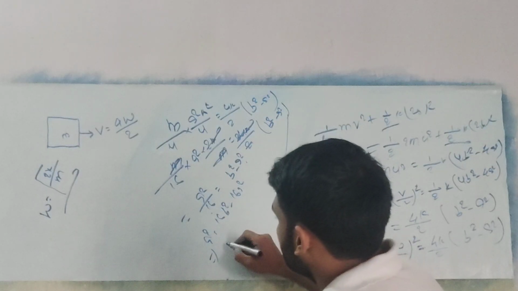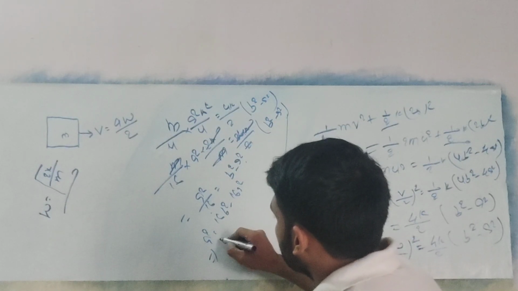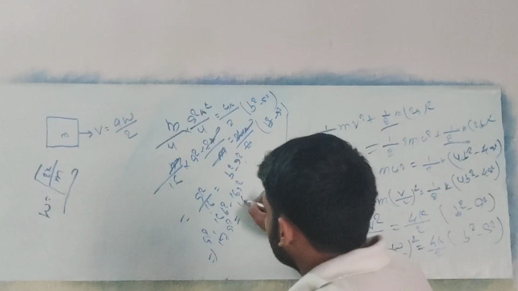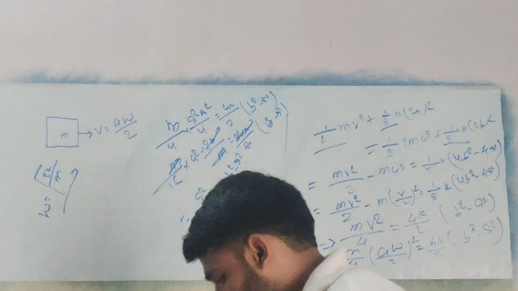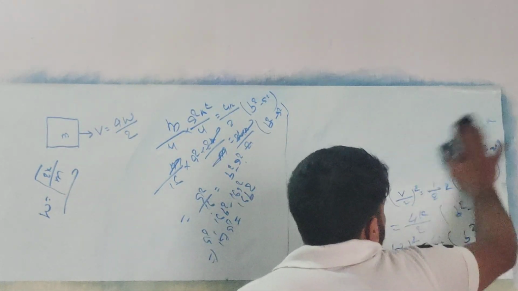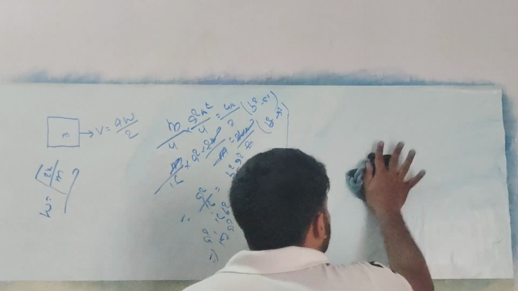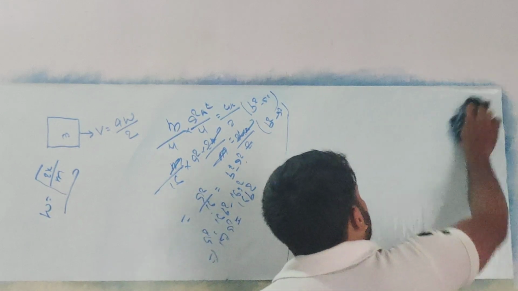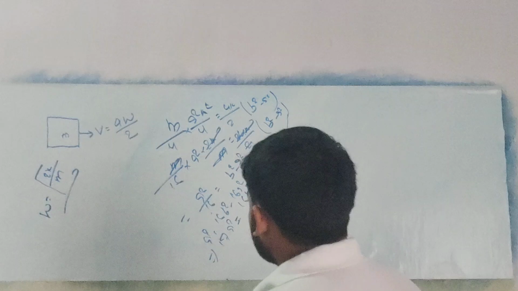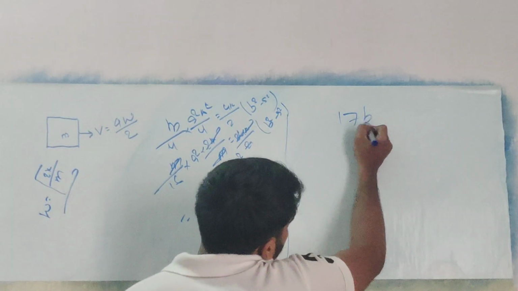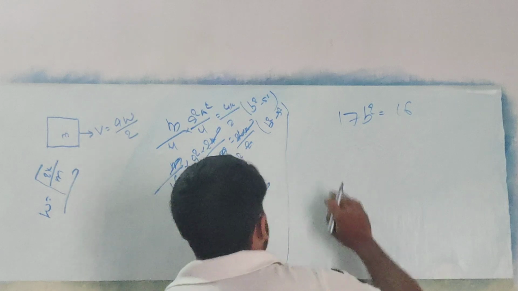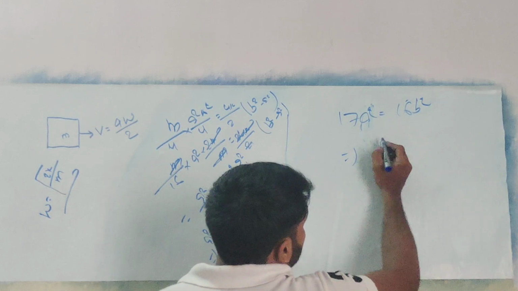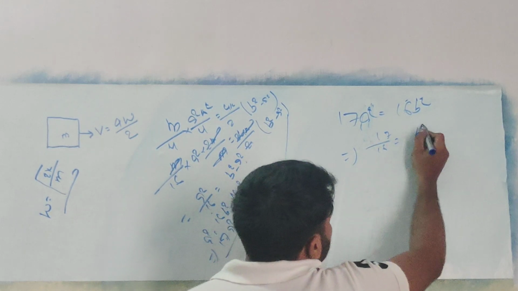So 17a square is equal to 16b square. So 17 by 16 is equal to b square by a square.